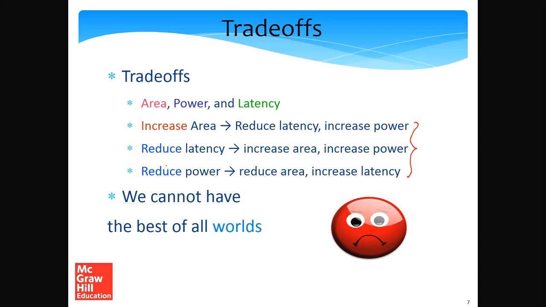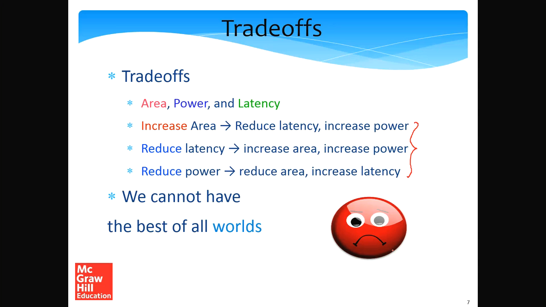If I make the memory cells faster, I'll increase the area, but I'll increase the power as well. And if I reduce the power, I have to make them smaller and make them slower as well. So you cannot have the best of all worlds. It's a philosophical thing, but that is true, that having the best of all worlds is simply not possible.